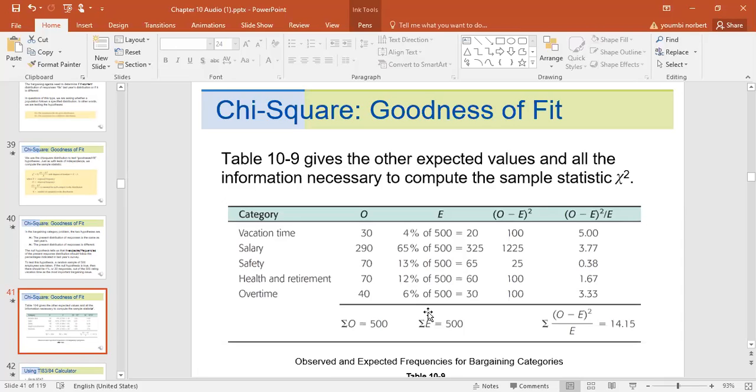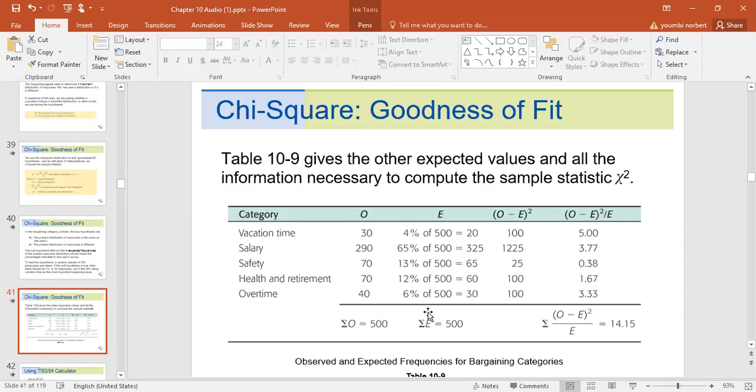Okay, so if this is the p-value compared to 0.05, what should be our decision? Do we reject or not? It is 0.006. Is the p-value less than alpha?